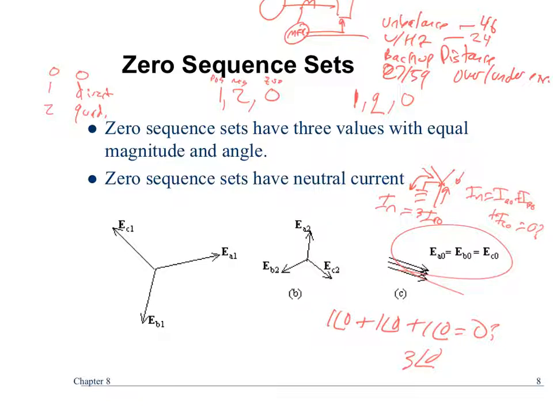I'm guessing just because it lined up with ODQ, but I don't know that for a fact. I've never seen it confirmed. Most people realize it's ODQ, even though most of you will never do ODQ components through Park's transformation, but you get the idea.